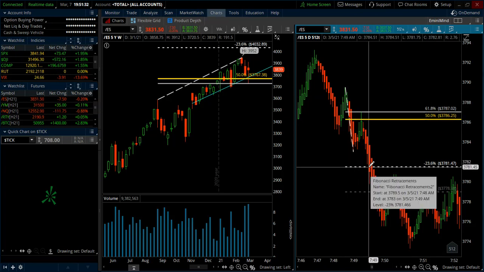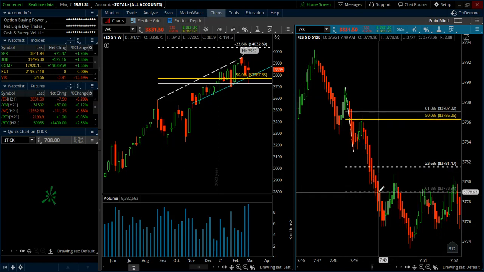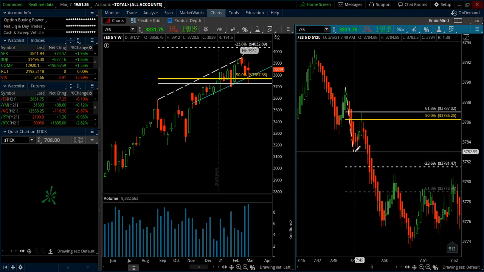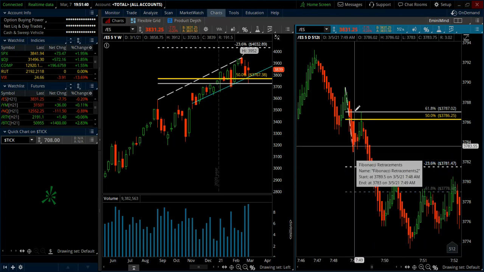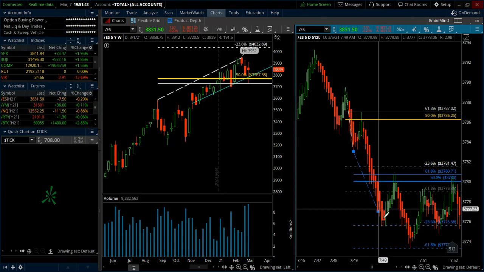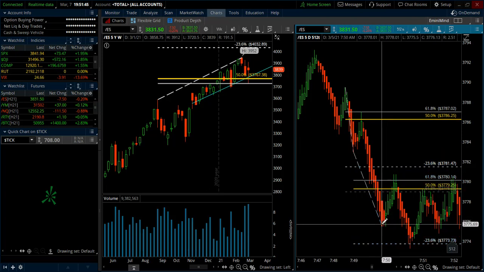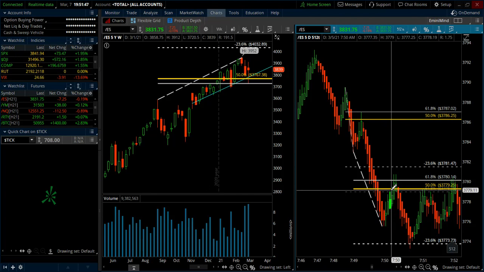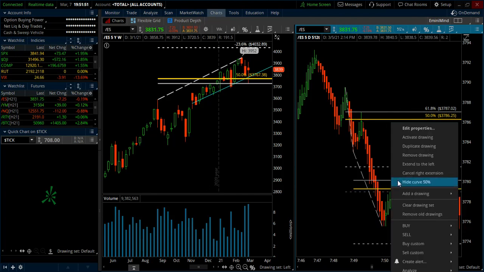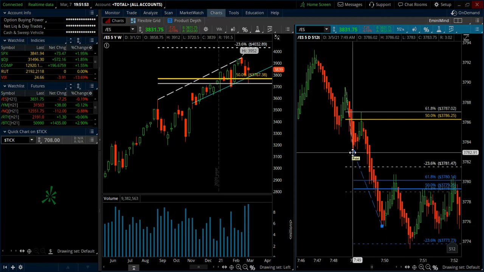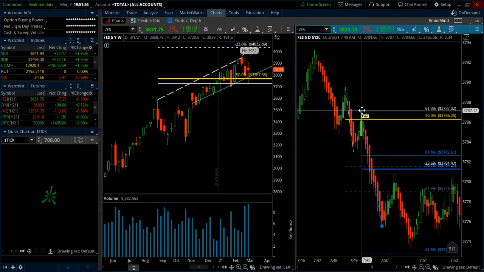Well, it goes through the negative 23 all the way, in this case, through the 618. So then I can draw from low to low. So using that anchor point that I was anchored to, going low to low, and seeing a rollover at the 50% of the extension as opposed to the next halfway back.